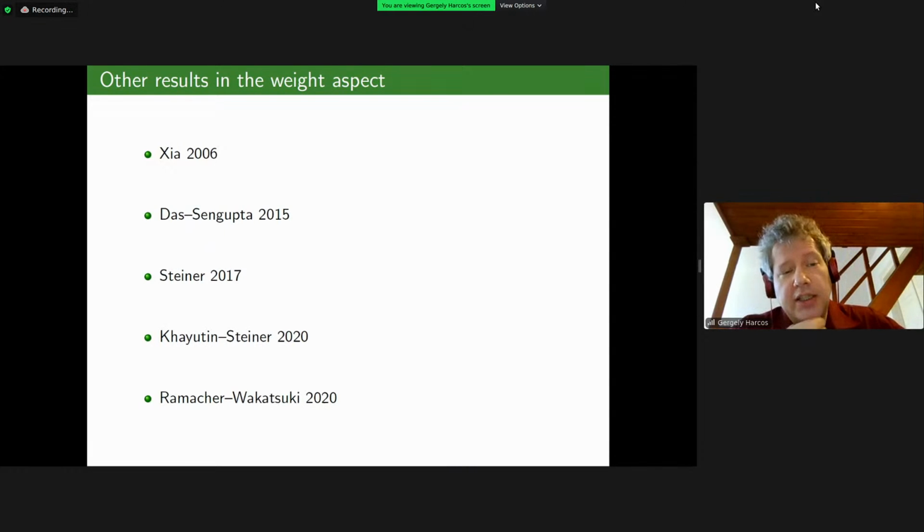So Xia in 2006, for weight k cusp forms, could prove an optimal upper bound k to the 1/4 plus epsilon in the weight aspect. So you can call it somewhat analogous to what we are doing, but certainly we are not finding any optimal exponent. And in fact, for the restricted version of the sup norm problem here, the optimal exponent is not known either.